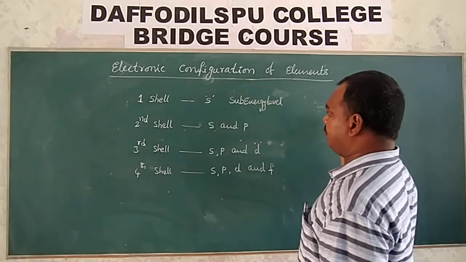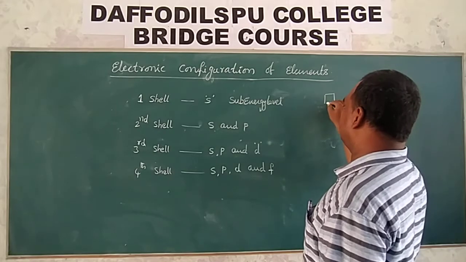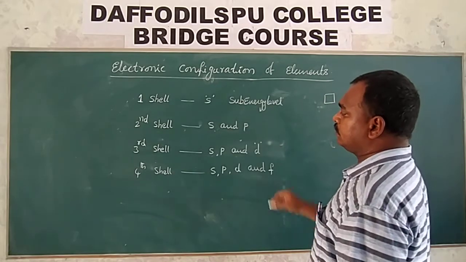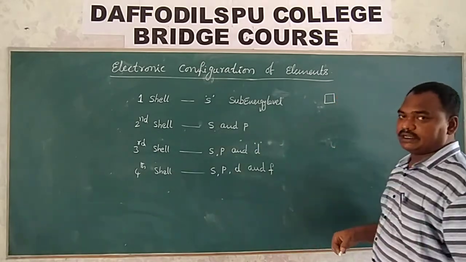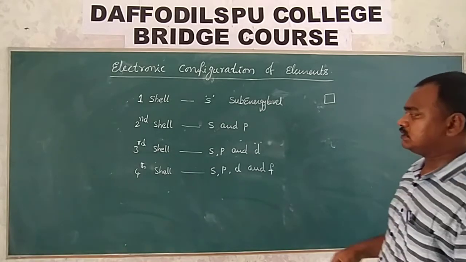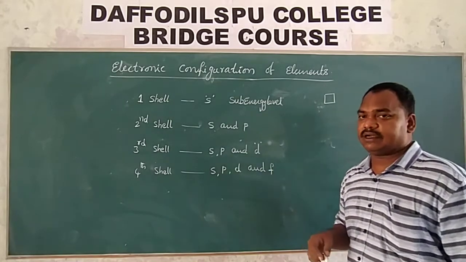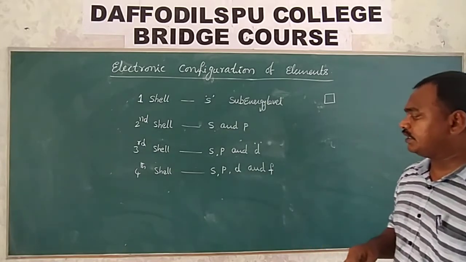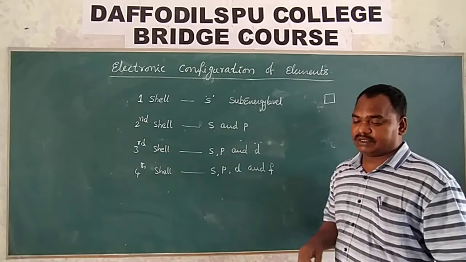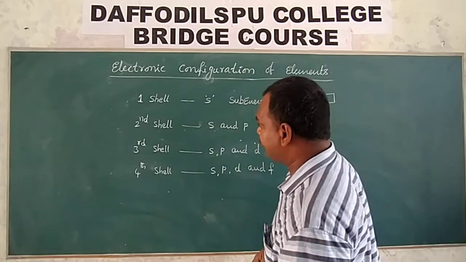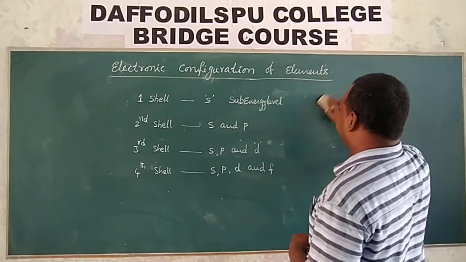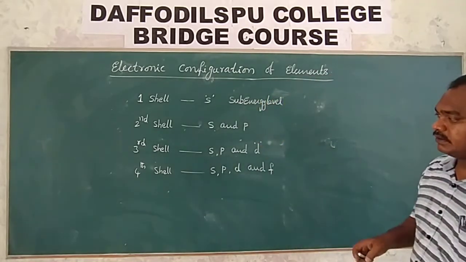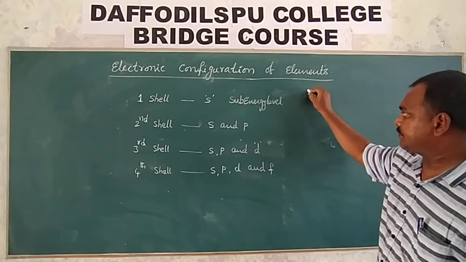So S sub-energy level contains only one orbital. P sub-energy level contains three orbitals. D sub-energy level contains five orbitals. F sub-energy level contains seven orbitals. You remember that one?